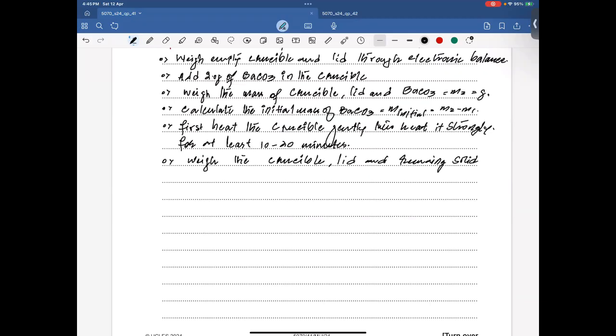That remaining solid must be barium oxide. That is going to be the residue. Record the mass as M3 in grams.